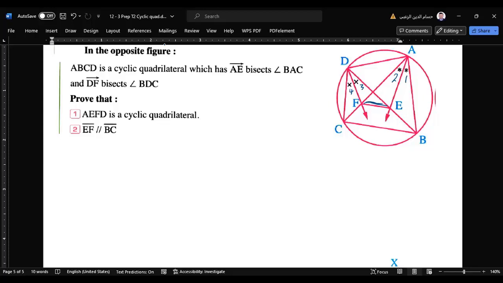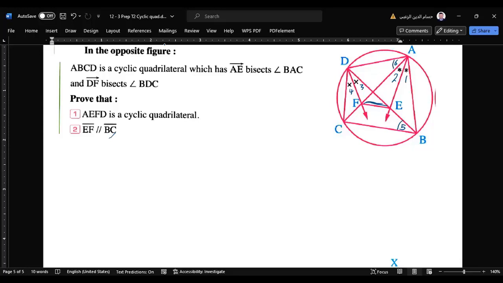And the second required, you want EF parallel to BC. So from the previous, we have ABCD is a cyclic quad. Then the measure of angle 5 equals the measure of angle 6.